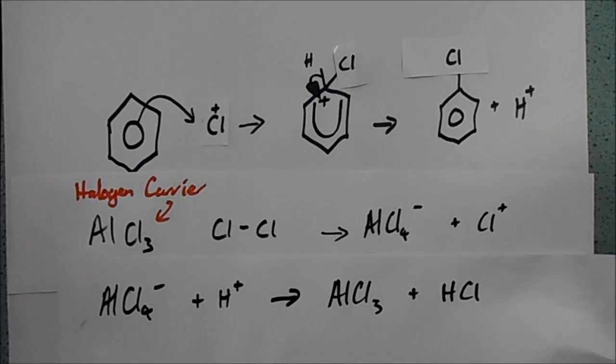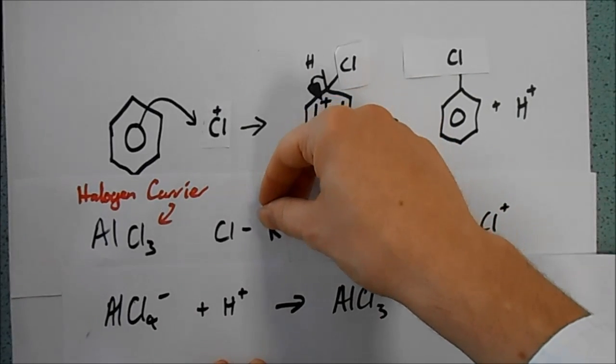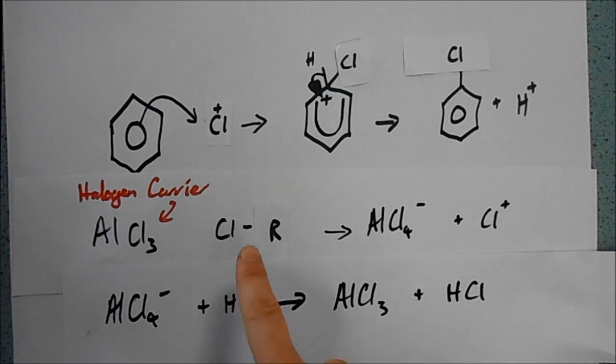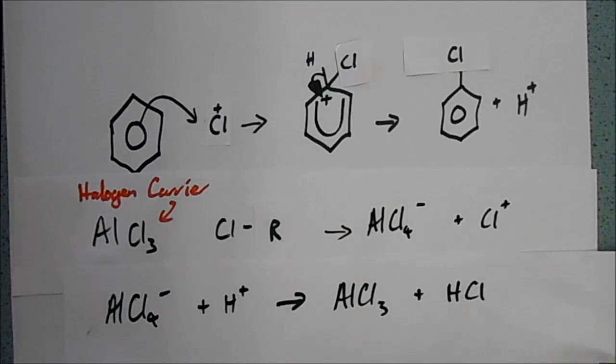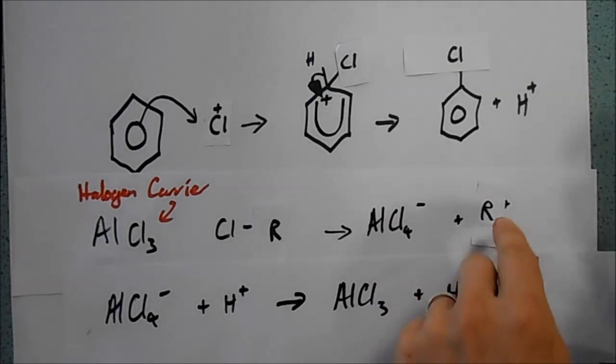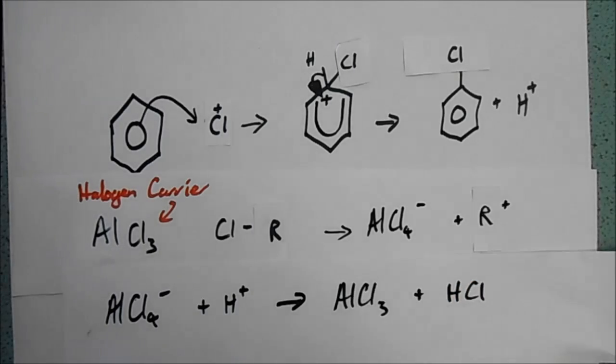So we could, for example, end up with something like this. We could put an organic group there instead of the Cl, and what that would do is form an organic electrophile.